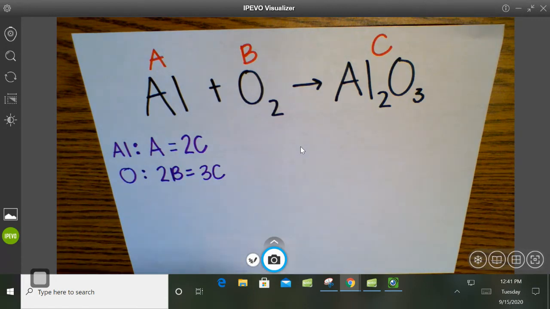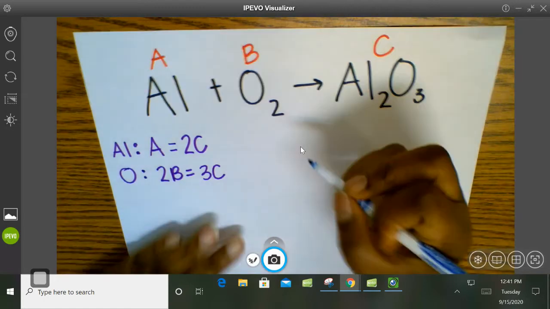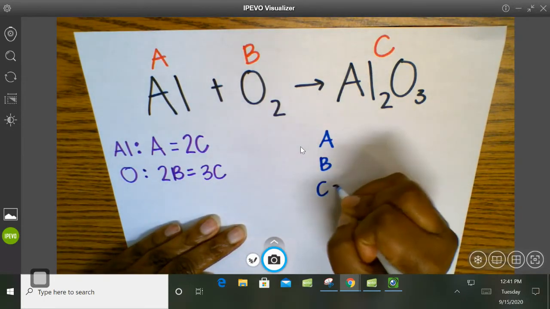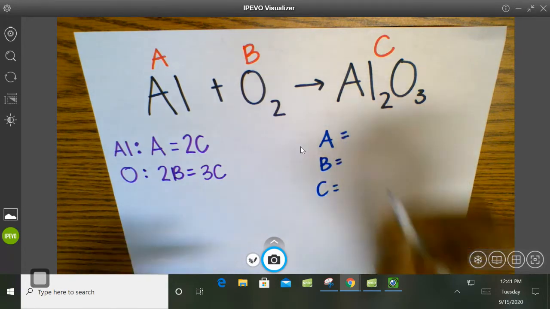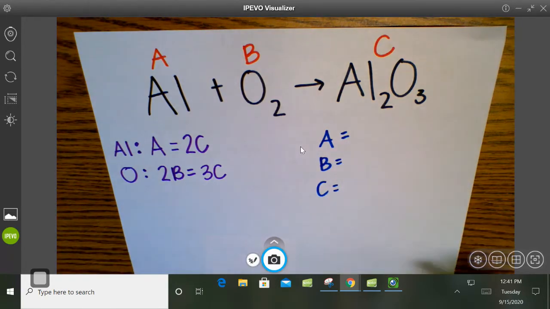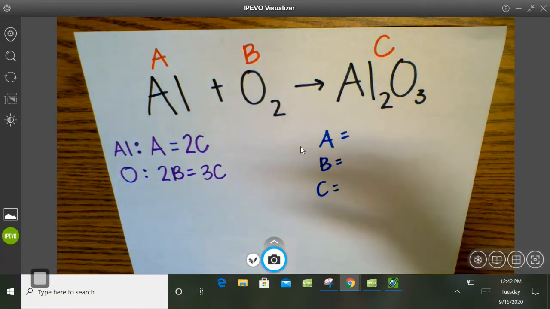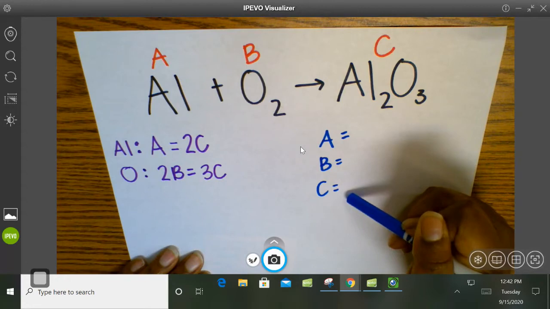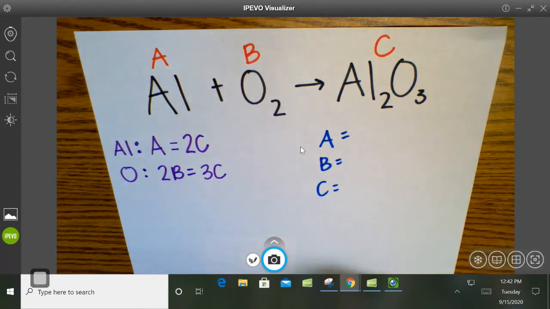All right, so those are the 2 equations that we're dealing with. And so we're going to rewrite our variables. Okay, now I want you to look at your 2 equations and see if you can figure out which one should be the number 1. Is it A, B, or C? Pause the tape, figure it out, and then start it back up to see if you got it right.